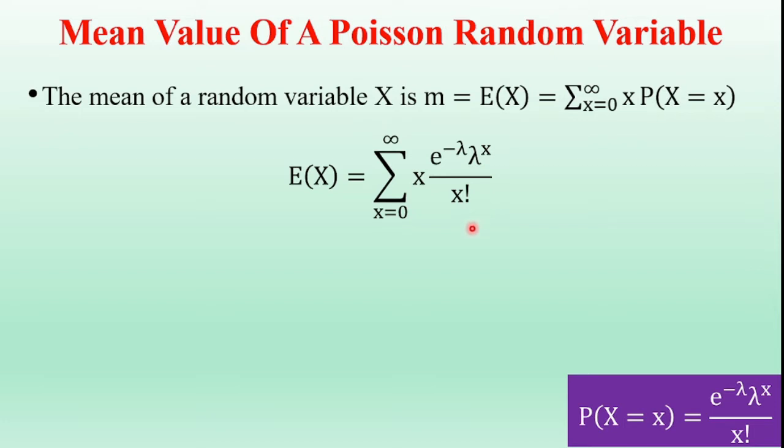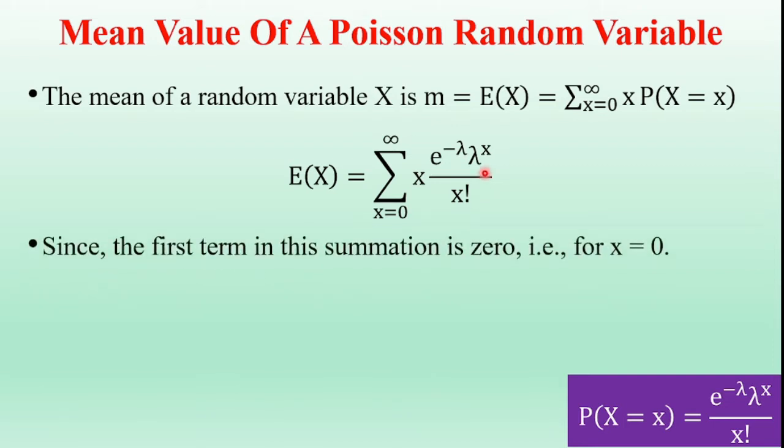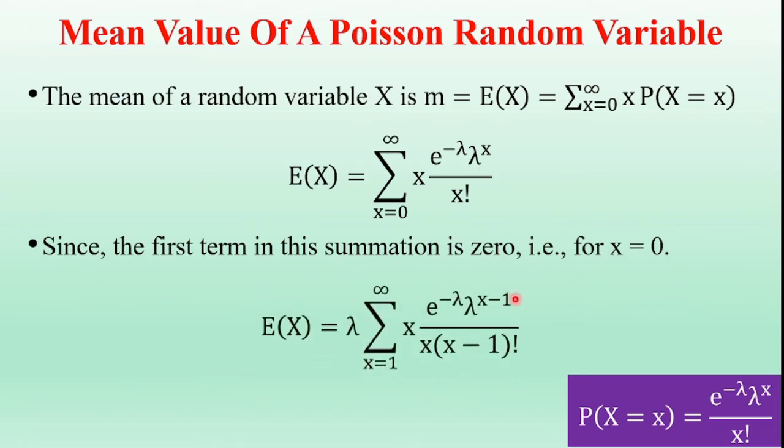Here x factorial is written as x into x minus 1 factorial, and lambda power x is written as lambda into lambda power x minus 1.